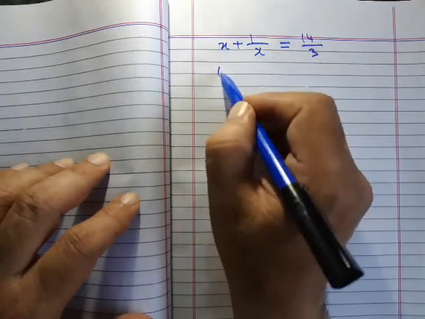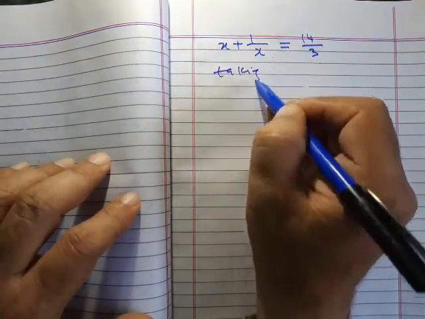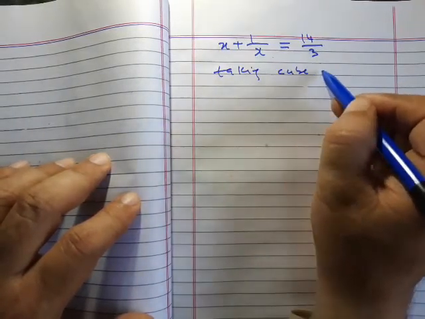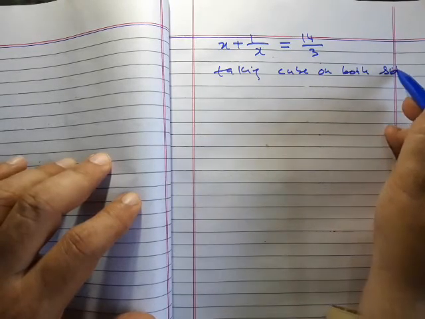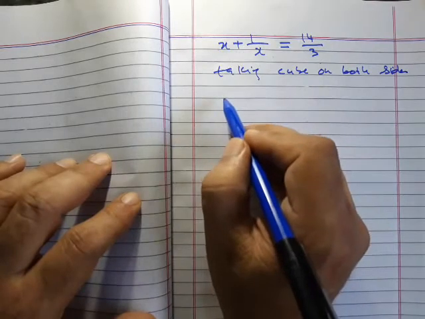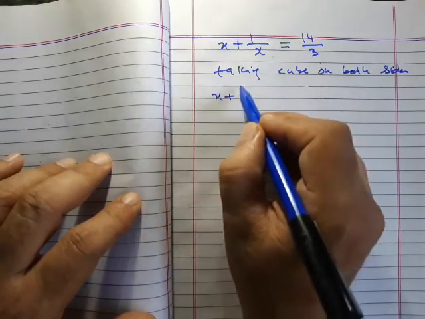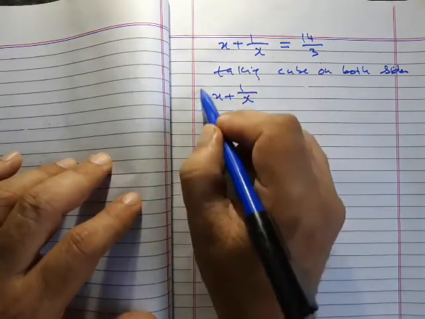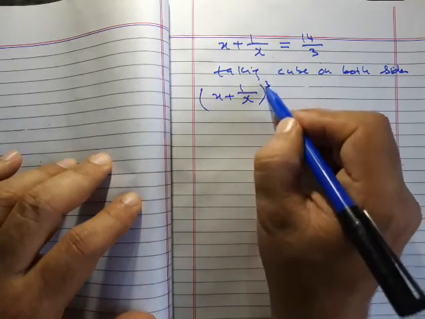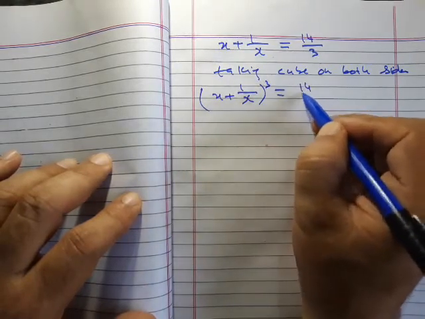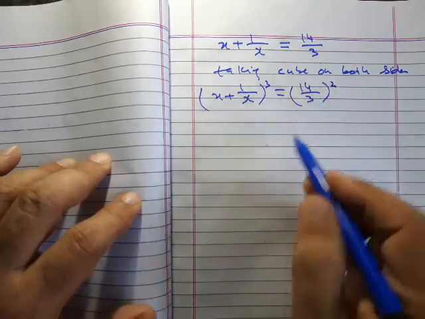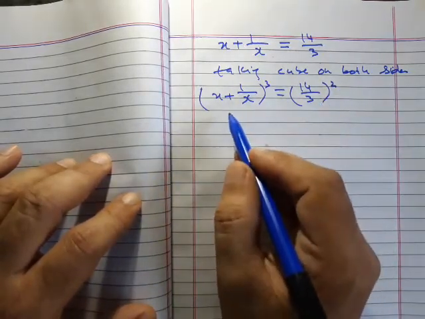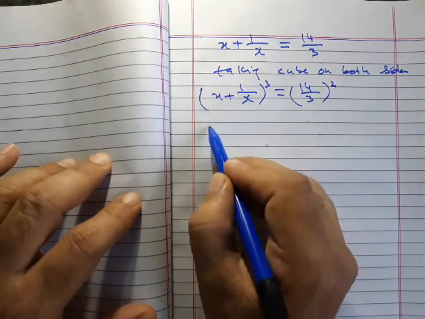Now taking cube on both sides, that is (x plus 1 over x) whole cube is equal to (14 over 3) whole cube. Open this formula. You already know this formula, beta.